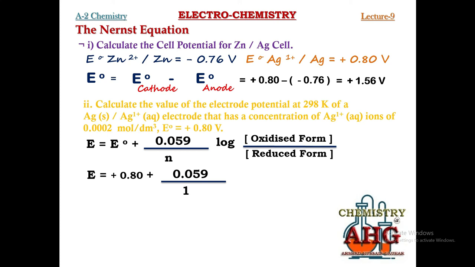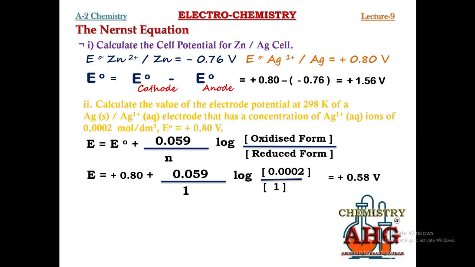Log of the oxidized form of silver, Ag+, is 0.0002 mole per dm cube, and the reduced form is a solid, so its concentration would be 1. Get the answer on your calculator. So the new value of non-standard electrode potential for the silver half cell is positive 0.58 volt.